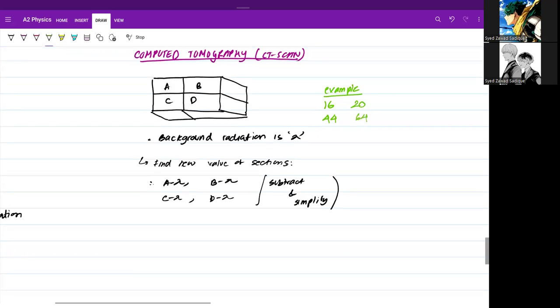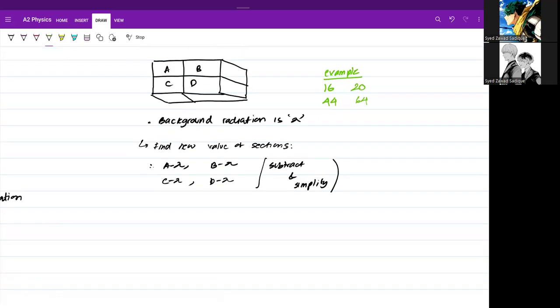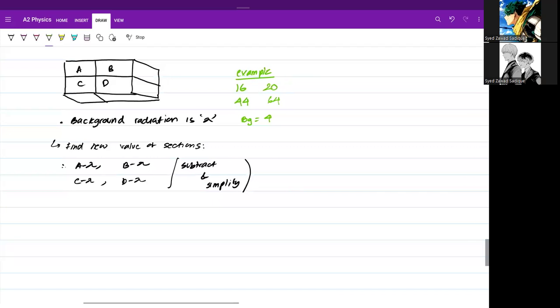64. Okay, let's say background is equal to 4. Therefore, your new values are 12, 16, 40, 60. This is divisible by 4.